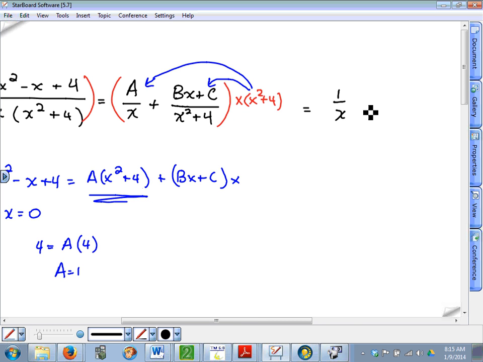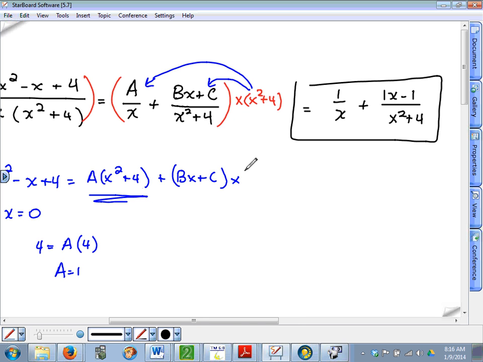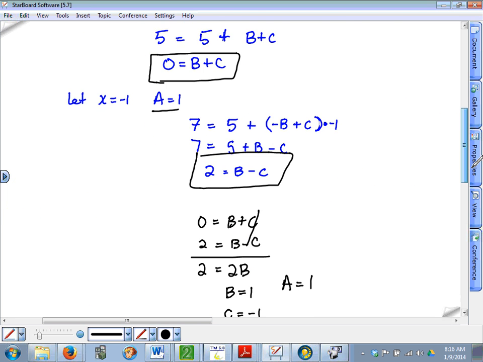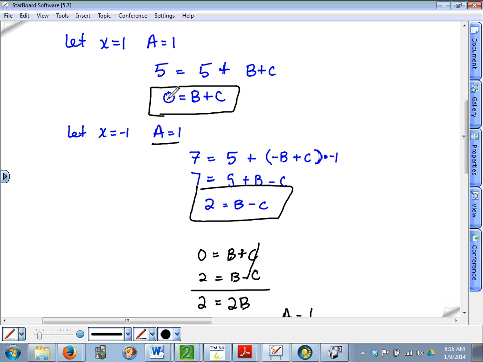This is 1 over X plus 1x minus 1 over x squared plus 4. The negative 1 for C. Let's go back. Right here, B plus C is equal to 0.